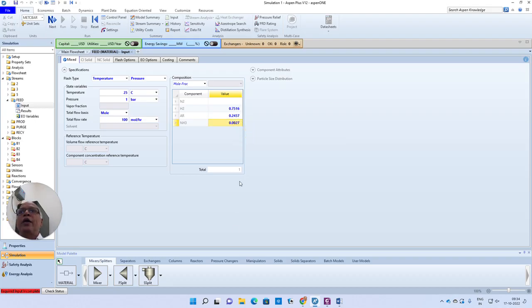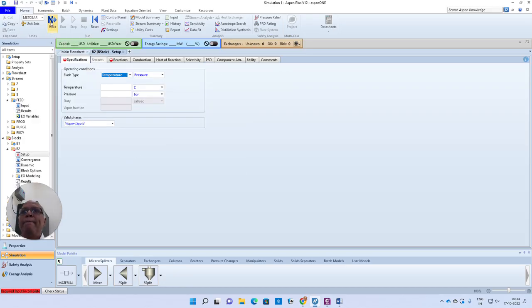So the total is becoming 1. Having defined the feed stream, now you can go to the next input screen.